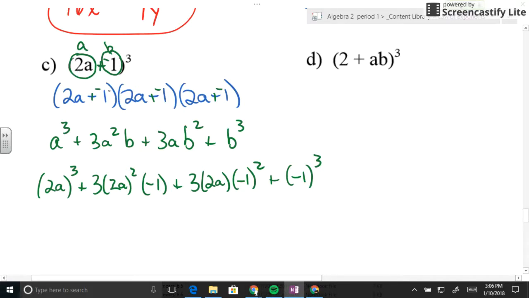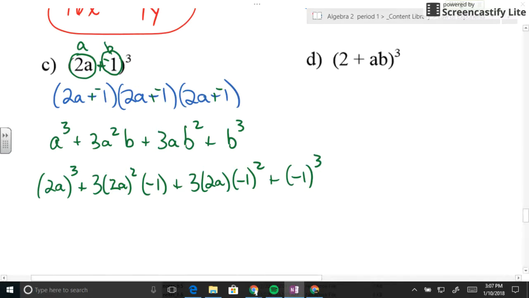Instead of b, I put negative 1. And I just replaced all of that. Basically, it's a formula. I just replaced all those letters with the appropriate number or term from the given expression in the beginning. Now, once again, I told you I could have just multiplied those three like I did on the previous page, but we're using the formula instead.